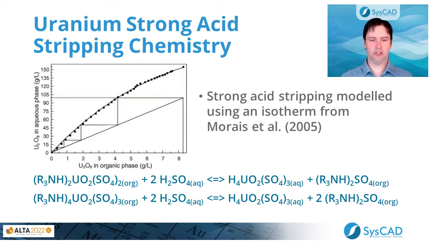So you can see the reaction there over the 2 forms of uranium. When uranium is extracted, it can form either a 2-to-1 amine to uranium complex or a 4-to-1 amine to uranium complex, depending upon the ratio of amine to uranium in your extraction conditions.